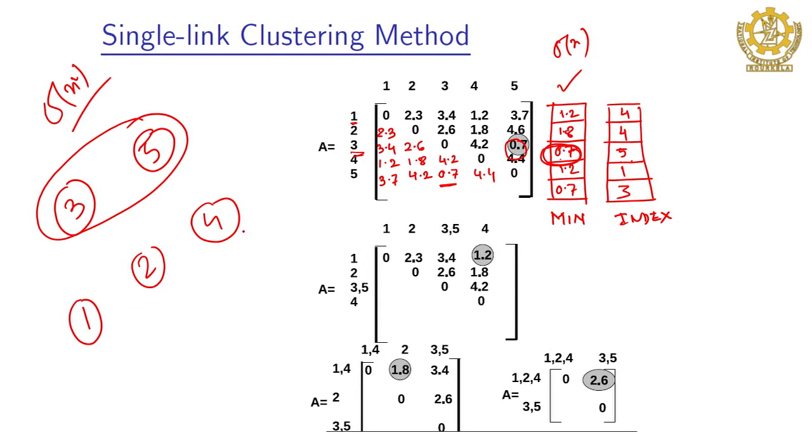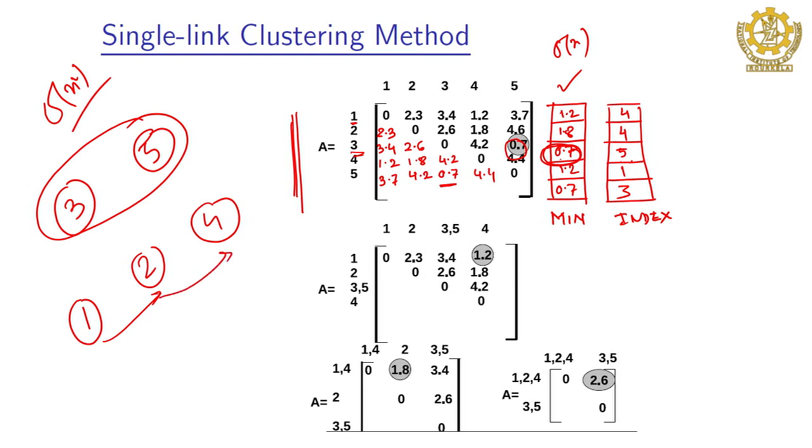Other clusters' distances from other clusters do not change. Therefore, in this distance matrix we need not change any row apart from rows 3 and 5 or columns 3 and 5. Please understand. When we merge 3 and 5, there is no change in the distance from 1 to 2. Obviously, there will be a change in the distance from 3-5 to 1, or 3-5 to 2, or 3-5 to 4, which we will take care of, but there is no change in the distance from 1 to 2 or 2 to 4.